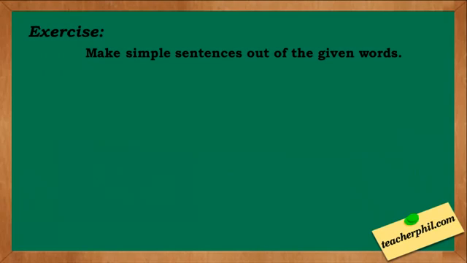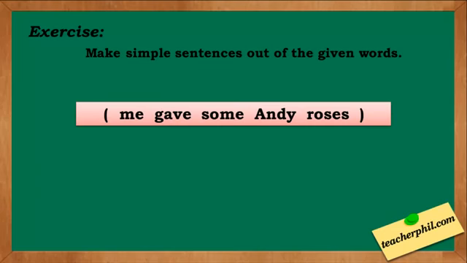For our exercise, make simple sentences out of the given jumbled words. The first one: me, gave, some, Andy, and roses.